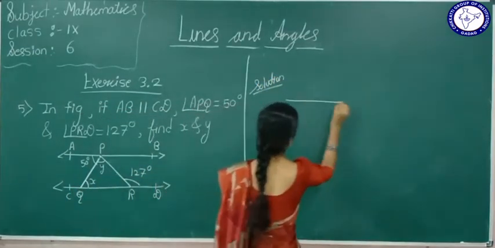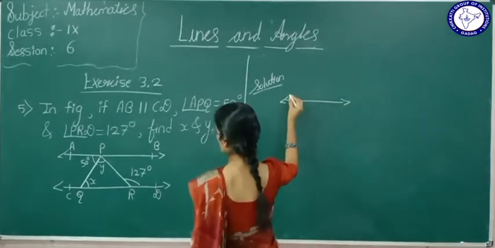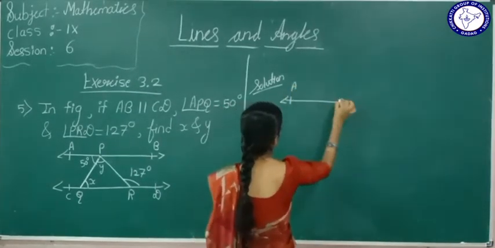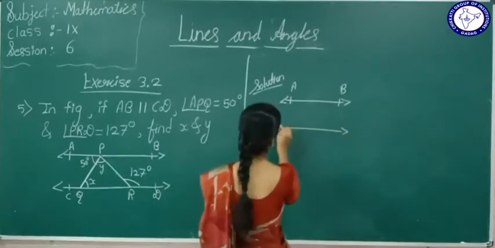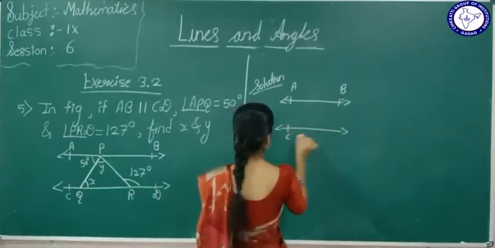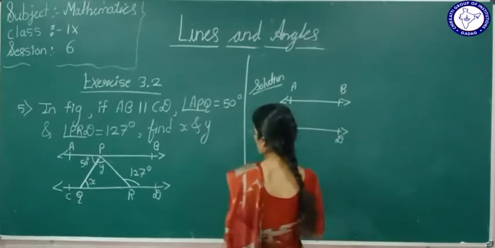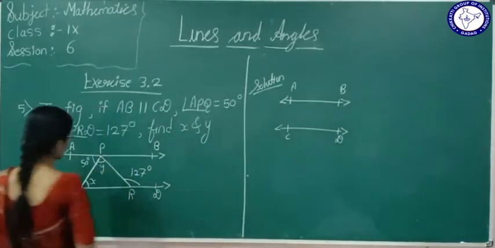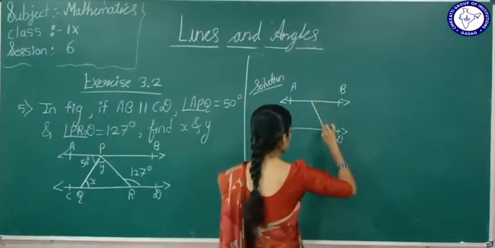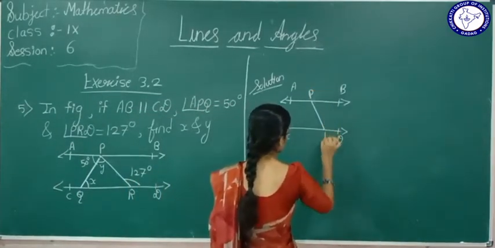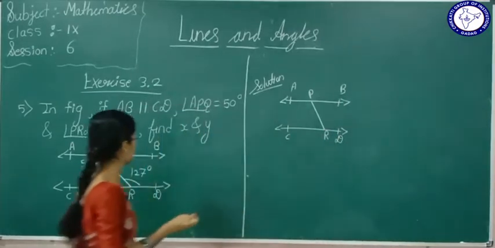See here students, they have given AB is parallel to CD, okay, these two lines are parallel. Now we will consider PR.